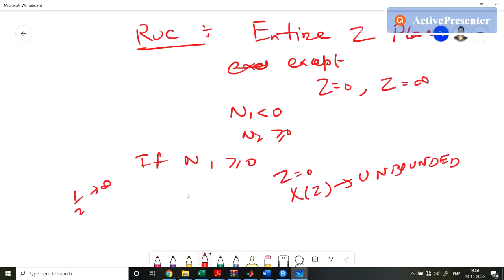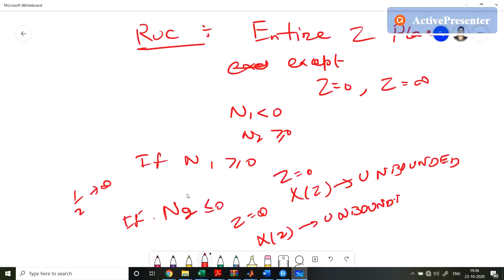Now another case is if N2 is less than or equal to 0. Then the ROC will include z equals 0, no problem, but for z equals infinity, X(z) will tend to unbounded, because when we have N2 less than or equal to 0 and N1 is already negative, we get only positive powers of z.